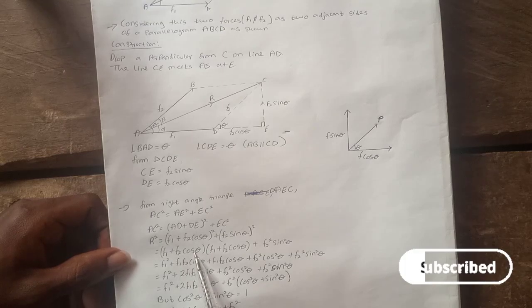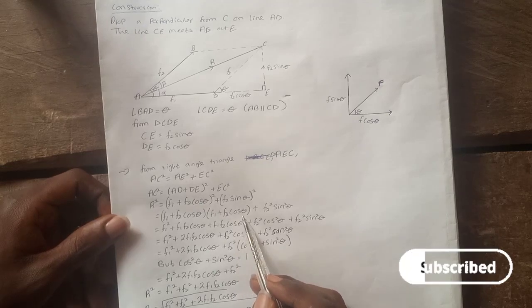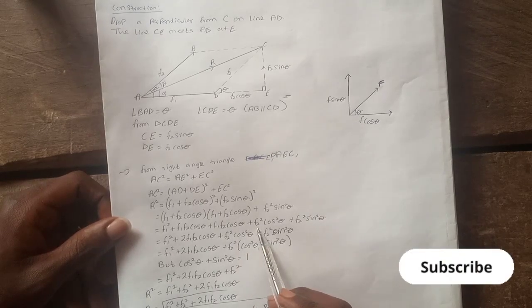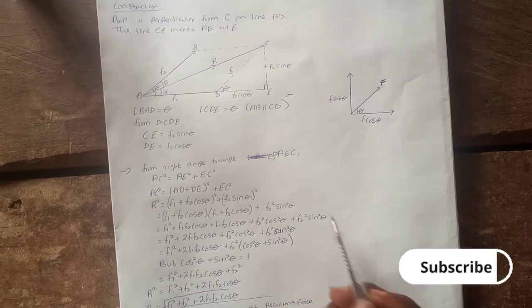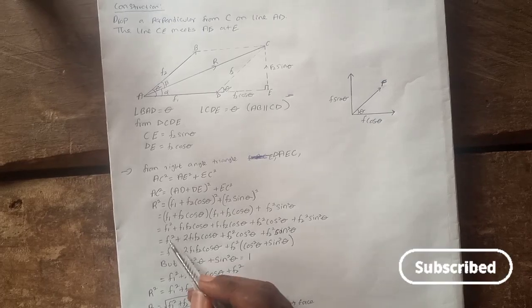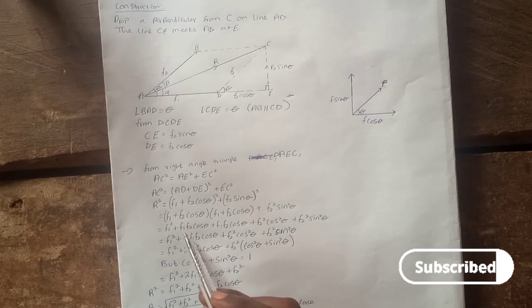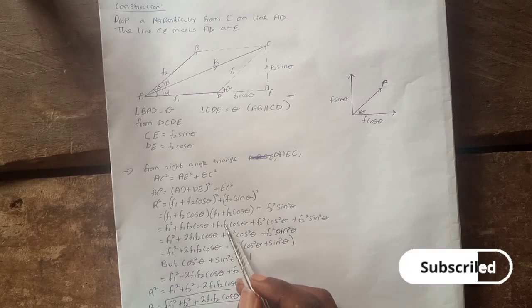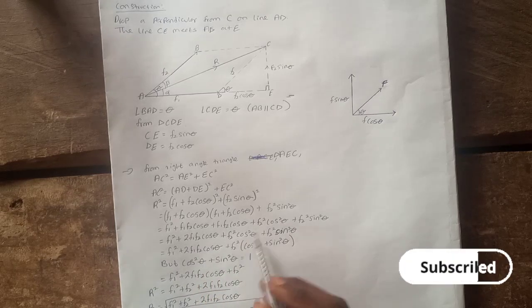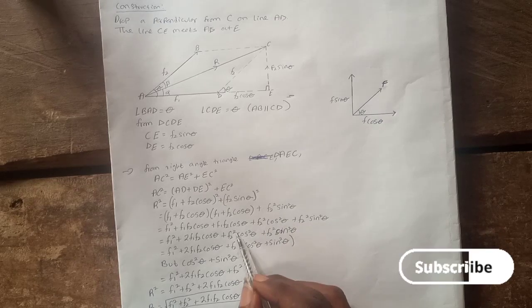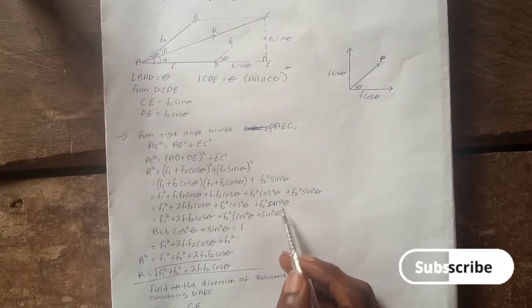Then F2 cos theta times F2 cos theta will be F2 square cos square theta. Then plus F2 square sin square theta. Then it will be F1 square plus F1 F2 cos theta plus F1 F2 cos theta, which is 2 F1 F2 cos theta, plus F2 square cos square theta plus F2 square sin square theta.